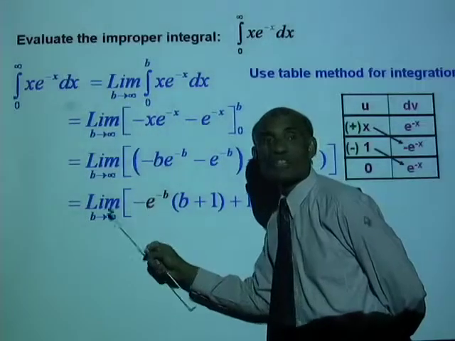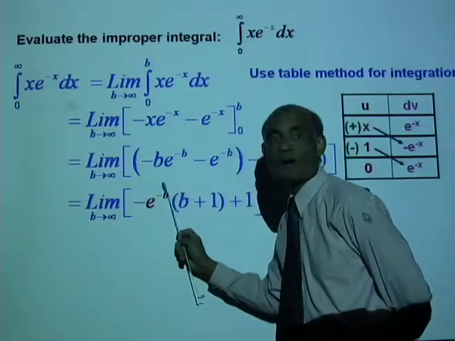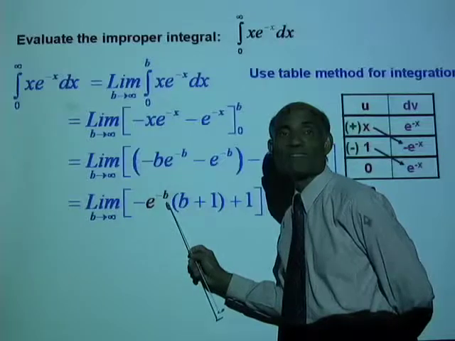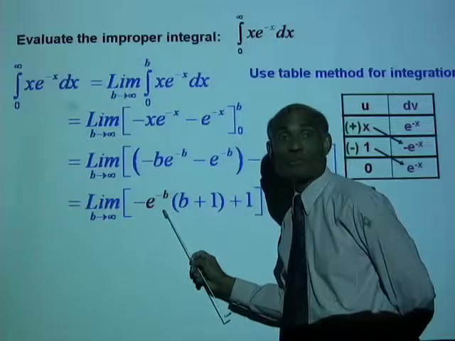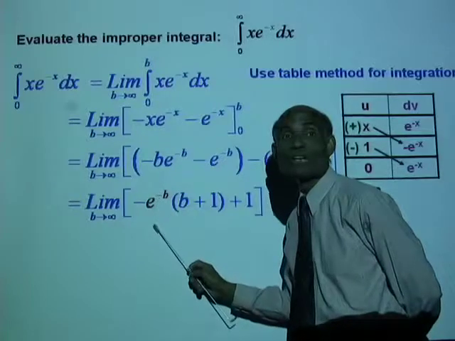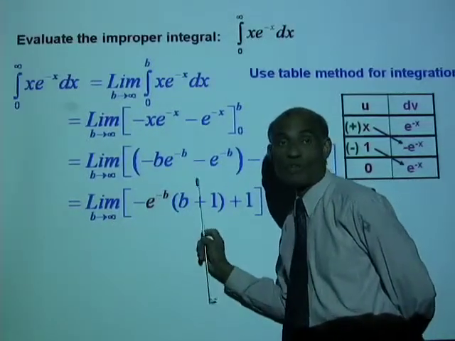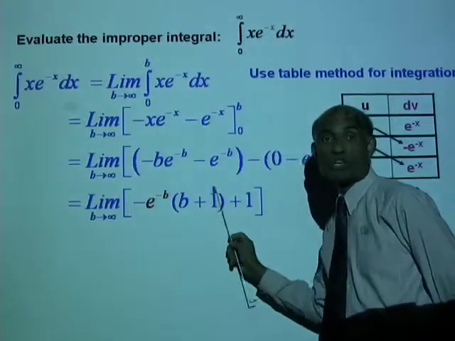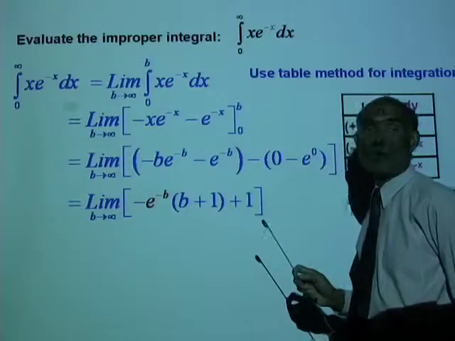Okay, what is the limit as b approaches infinity of e to the power of negative b? Well, that limit is 0. That will be 1 over e to the power of positive infinity, which is 0. That will eliminate this term completely, leaving us simply the answer 1.